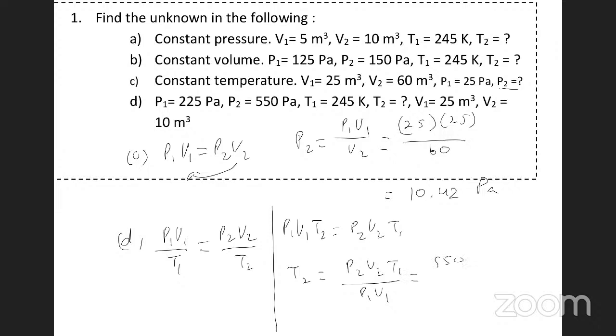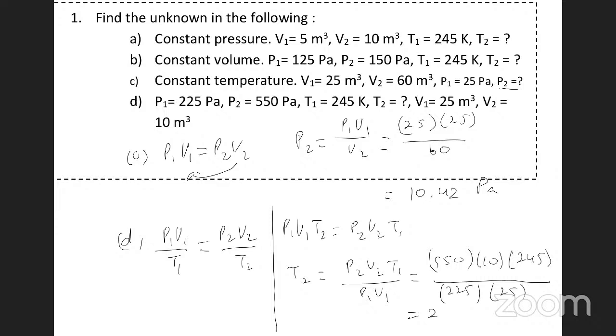P2 is 550. V2 is 10. T1 is 245. P1 is 225. And V1 is 25. And when you work it out, how much you got? 200 and how much?